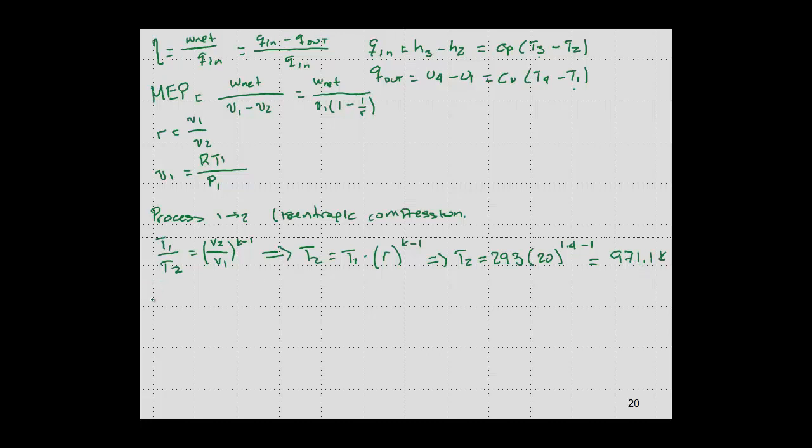Now process 3 to 4 is also isentropic, our isentropic expansion. So we can start by saying that T4 over T3 equals (V3 over V4) to the k minus 1.